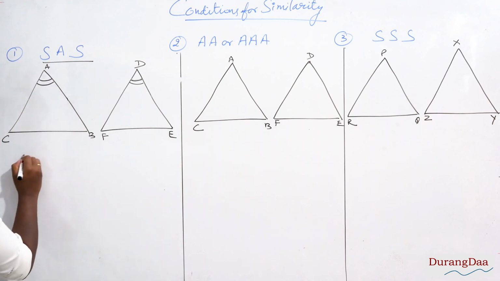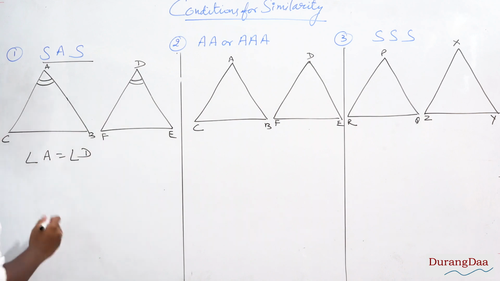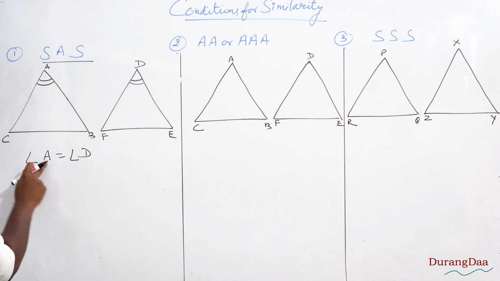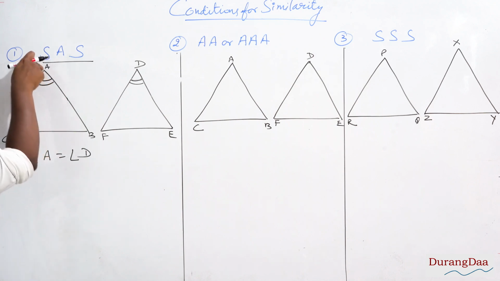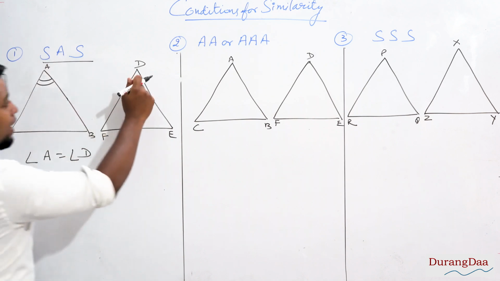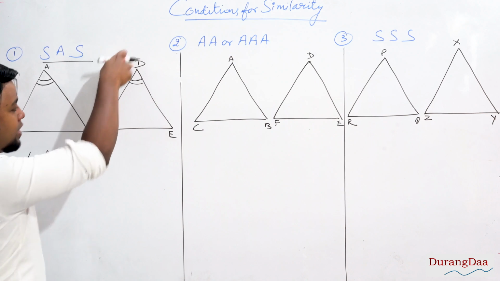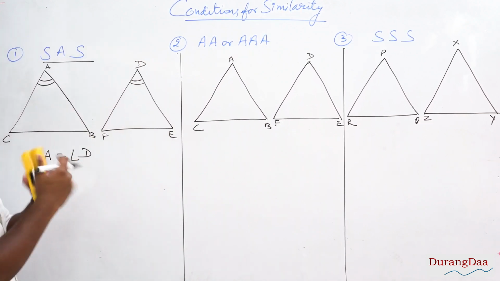So first condition was angle A is equal to angle D, that is clear. Second condition, now look at the sides which are containing this angle A. Angle A is contained by sides AC and AB, and angle D is contained by sides DF and DE. Now these pairs should be in proportion.